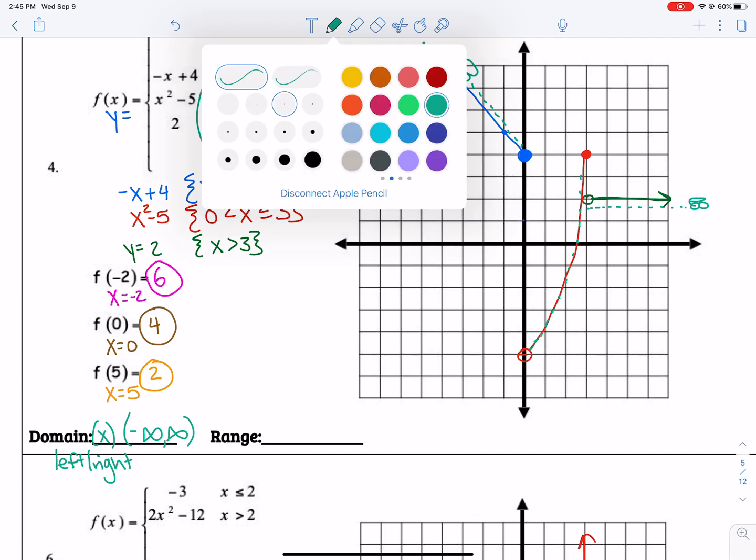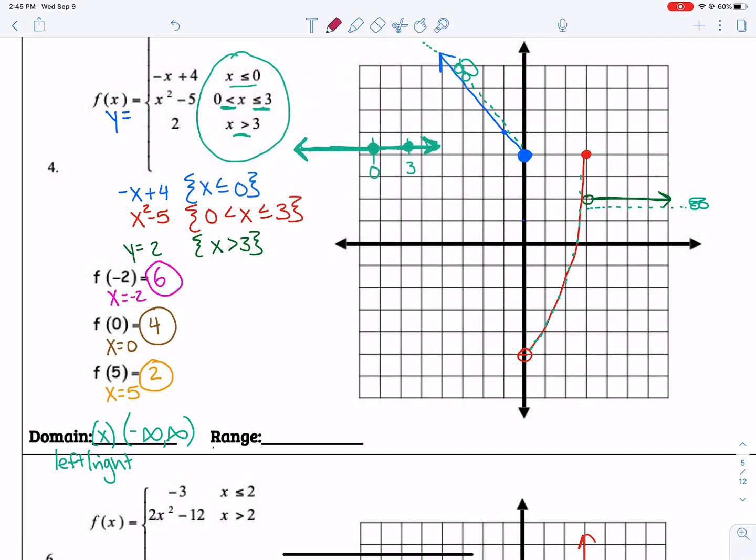Now for the range, let's think about it from the lowest y value to the highest y value. We do need to look at the graph for the range. The lowest y value would be right here, and it's not equal to this number, but that is the lowest possible y value. So 1, 2, 3, 4, it's at -5, but it's not equal to -5, so we put a parentheses.